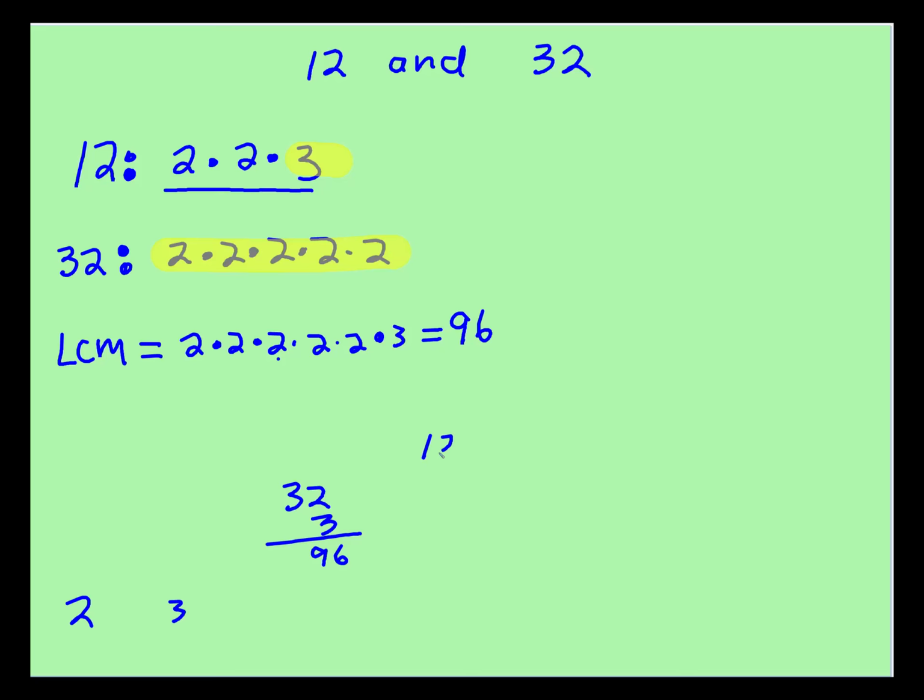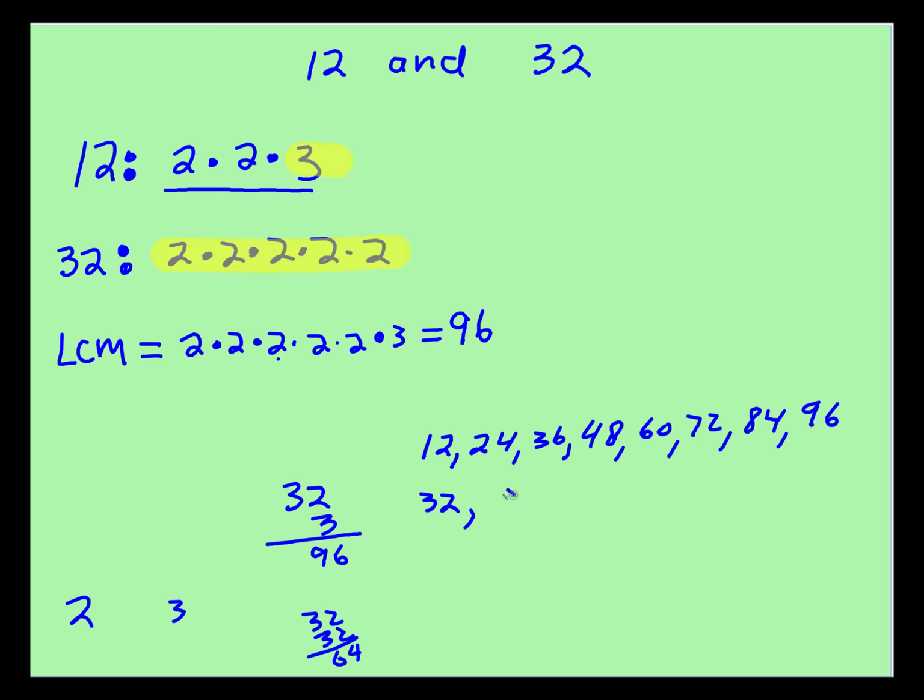So this is where it'd be annoying, right? If you had to count by 12, well, 12, 24, 36, 48, 60, 72, 84, 96. Clear down there. And then multiples of 32: well, there's 32, then 32 plus 32, some of you can do that in your head, 64.